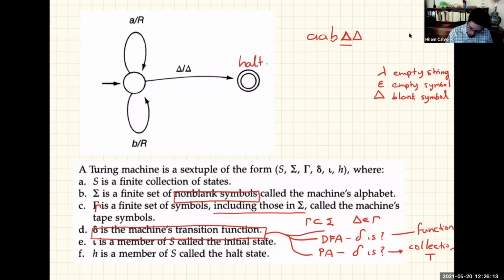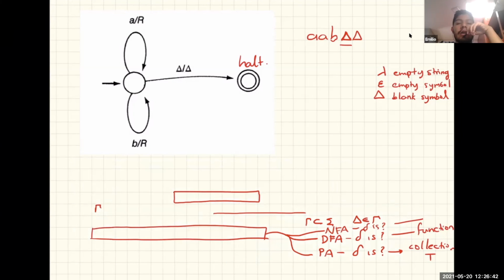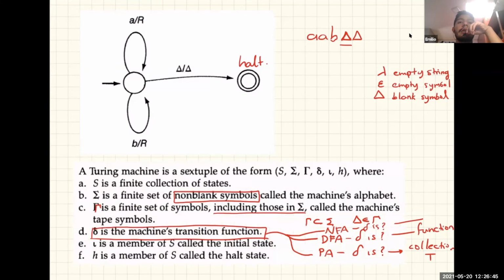Also, we had something called NFA, you remember? Non-deterministic finite automata. So in this case, what do we have for delta? We have more than one. I don't know how to say.